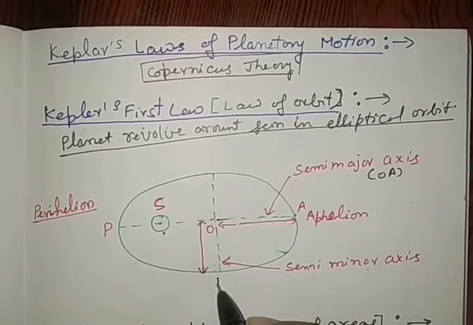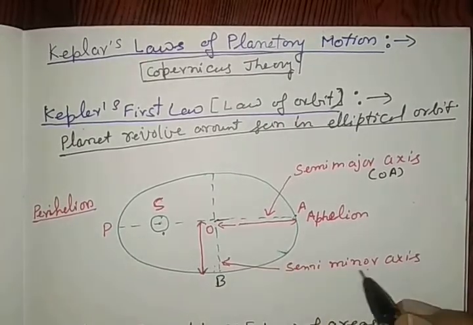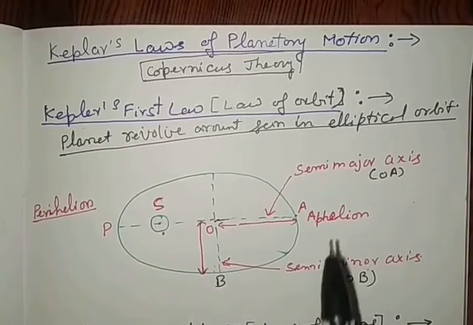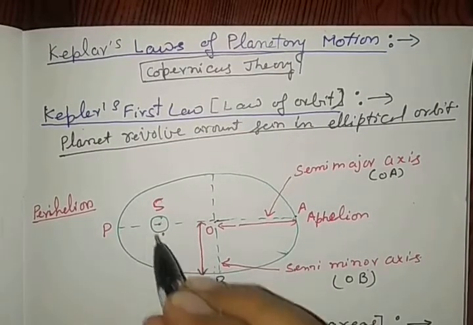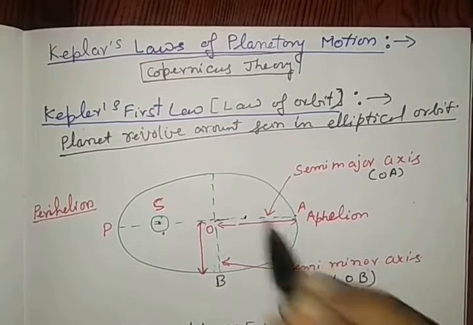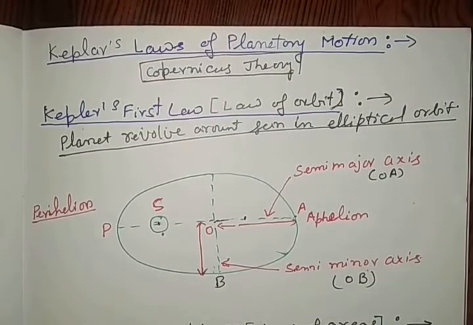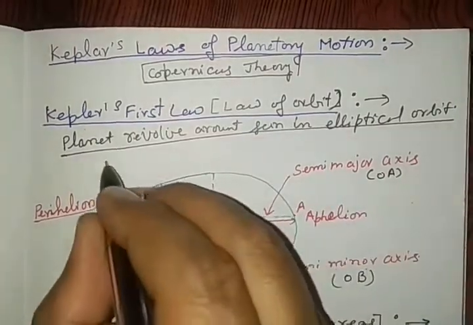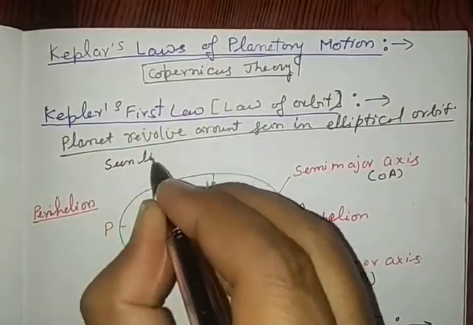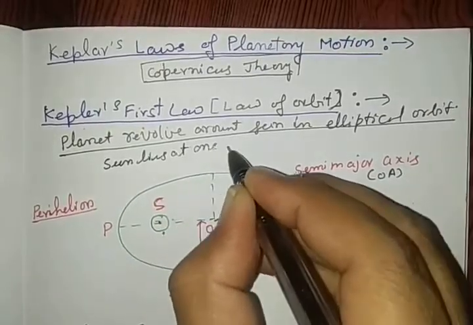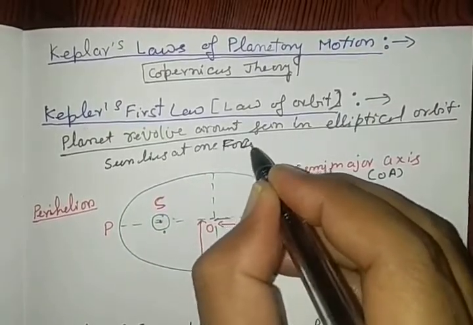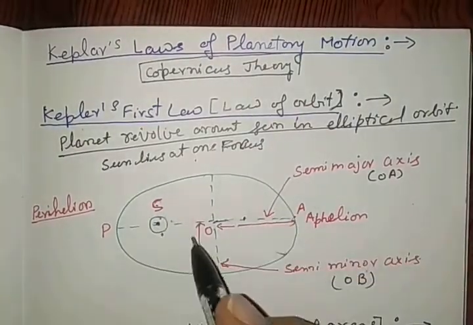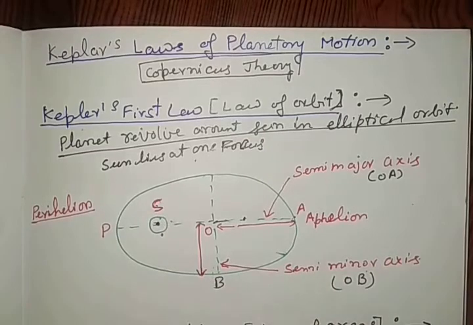And OB, see the diagram, is called the semi-minor axis of the ellipse. Since we know that there are two foci in an ellipse, the sun lies at one focus. Let S denote the position of the sun at one of the foci.